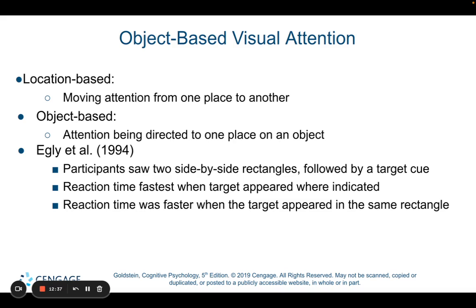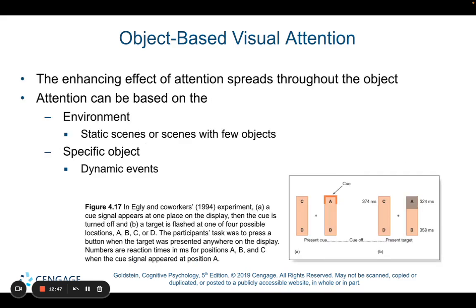The reaction time was fastest when the target appeared where it indicated, and the reaction time was also faster when the target appeared in the same rectangle. The enhancing effect of attention spreads throughout an object. Attention can be based on an environment or a specific object, as you can see in figure 4.17.